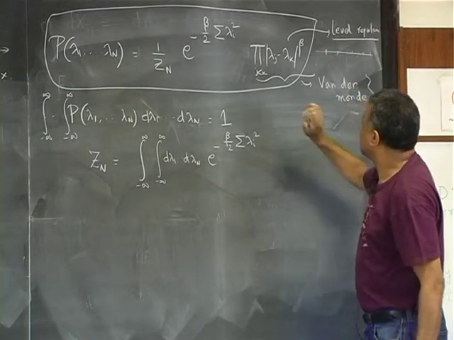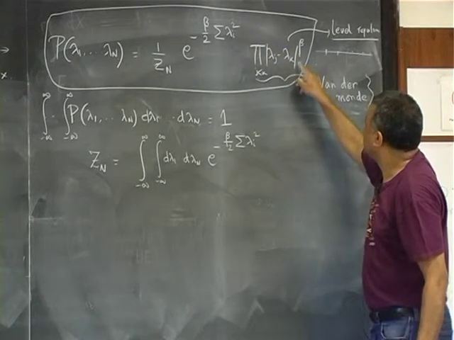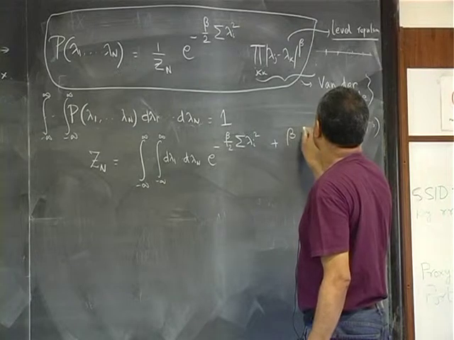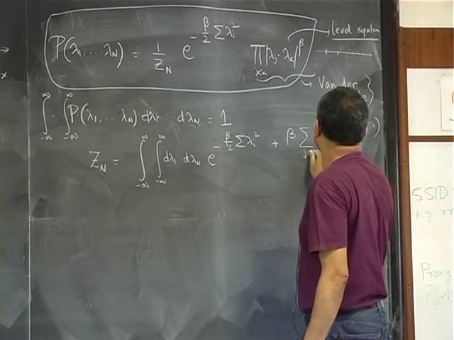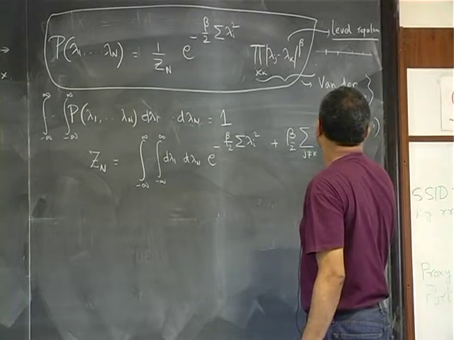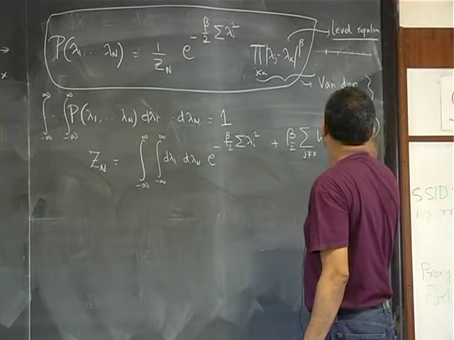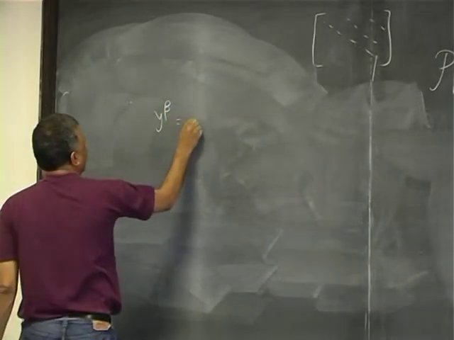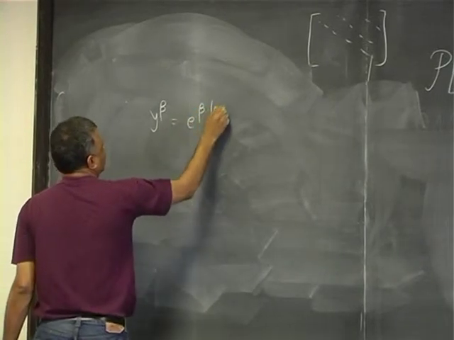Now, more precisely, I can write this term by raising it to a logarithm. Is that clear to everybody? I can always write y to the power beta as e to the power beta log y.